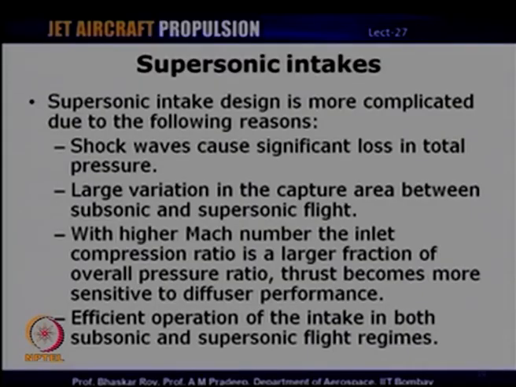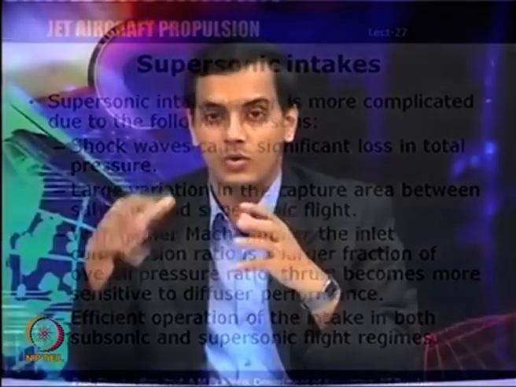Now, the other issue with these intakes is that if the engine is operating at high Mach number, then the pressure ratio across the intake is quite high, and that will form a large fraction of the overall pressure ratio. So, the intake pressure ratio at higher Mach numbers will form a substantial part of the overall pressure ratio of the engine, which means that the thrust developed by the engine will become very sensitive to the flow through the intake itself, or the performance of the intake, because thrust is a function of the overall pressure ratio, and now this overall pressure ratio has a significant amount on account of the intake itself.